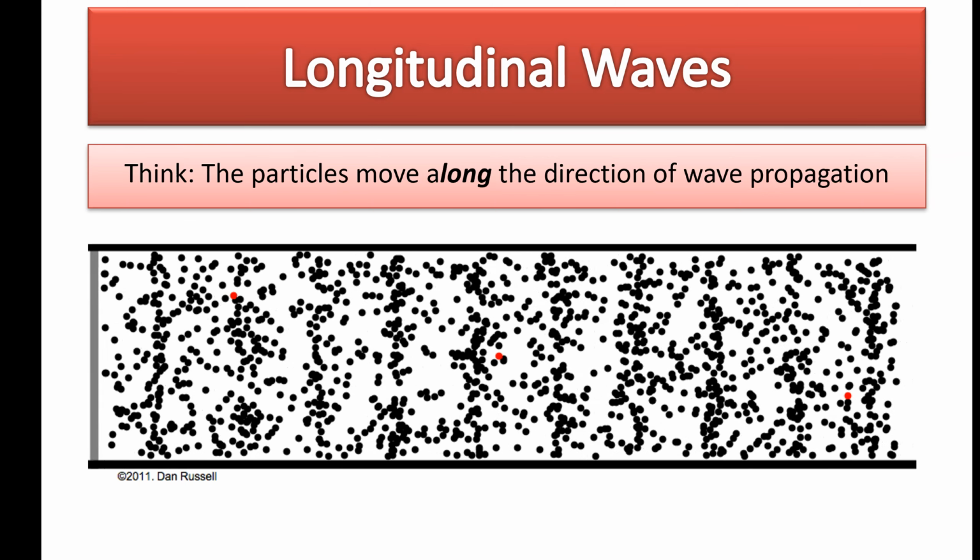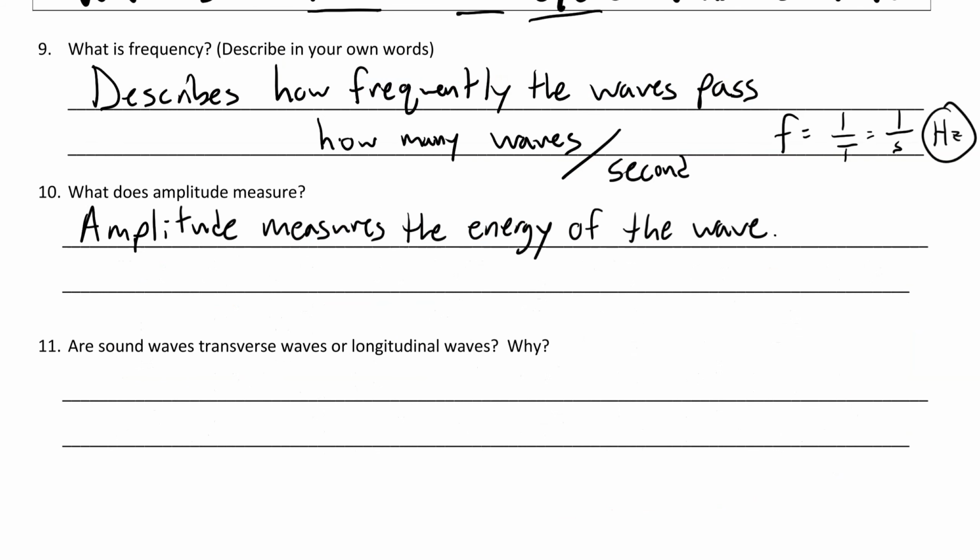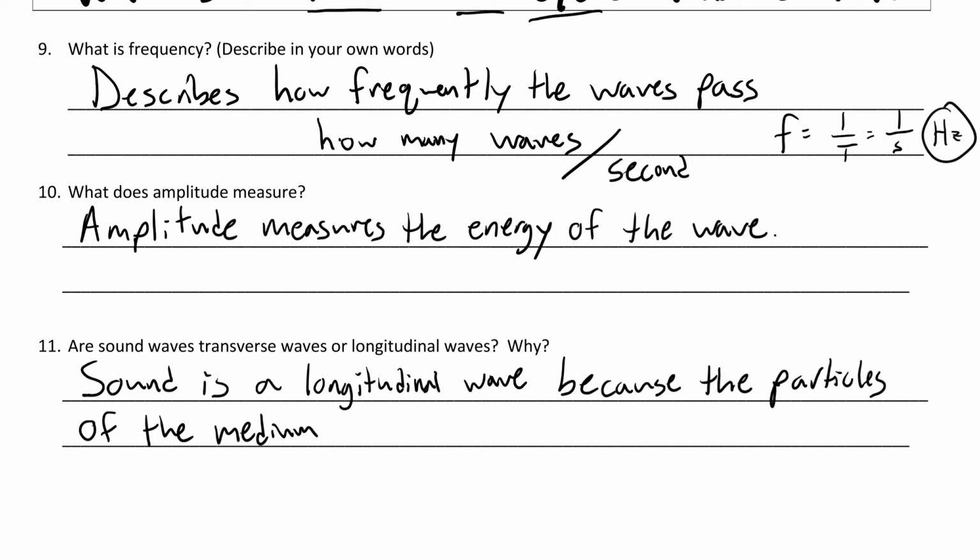If there is no medium, there's nothing to move and nothing to transfer the energy. Just like we said before, can you have a water wave without water? No. Can you have sound without some kind of medium? No. Sound is a longitudinal wave because the particles of the medium vibrate parallel to the wave motion.